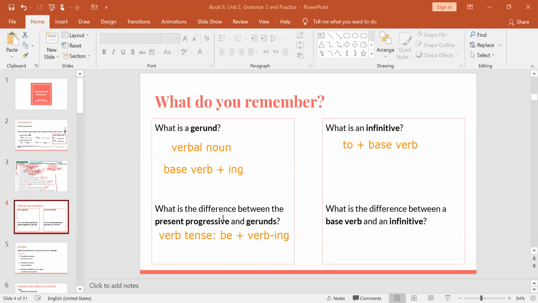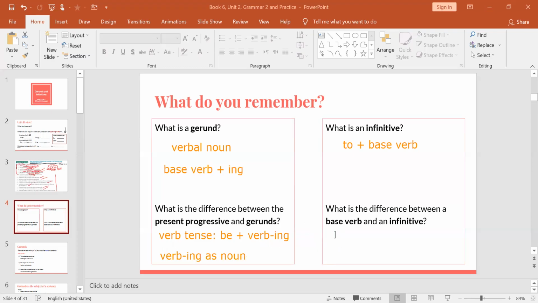The present progressive could be I am eating. That's present progressive. Gerunds, though, is the base verb plus ing as a noun. And I'll give you an example of that in a minute so you can see the difference.